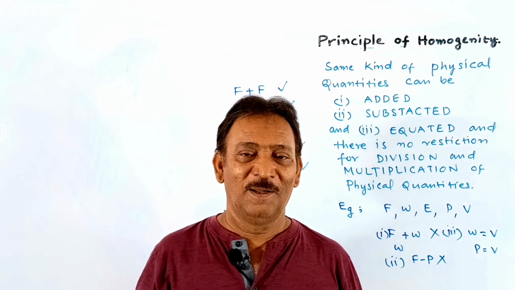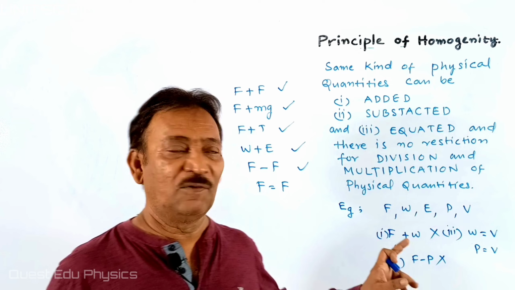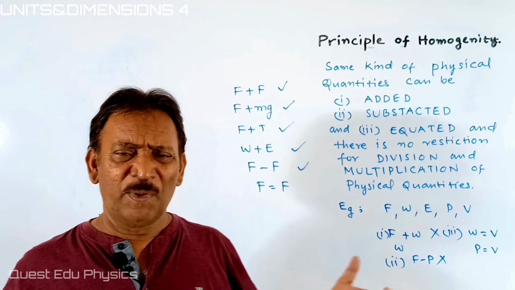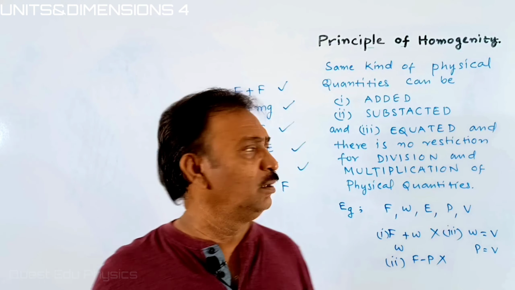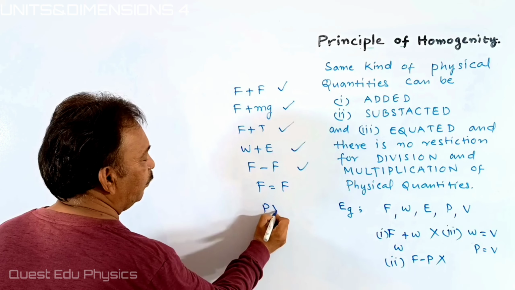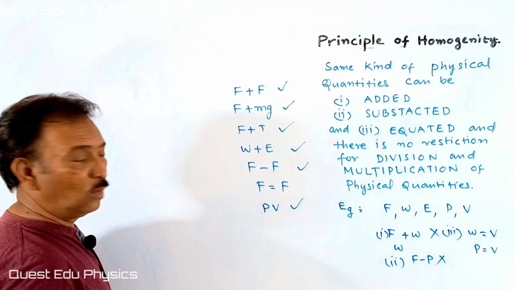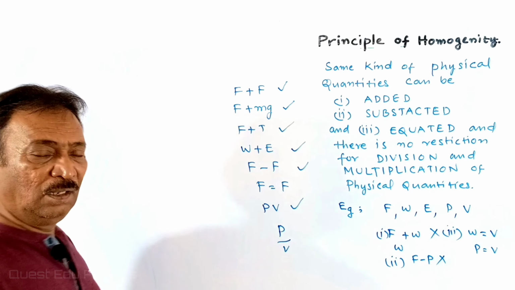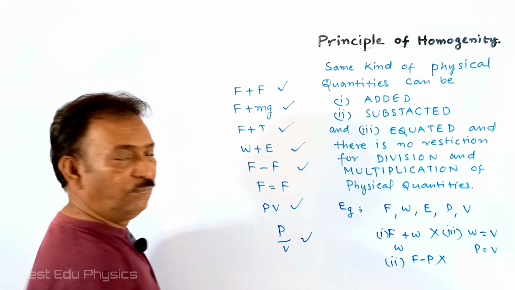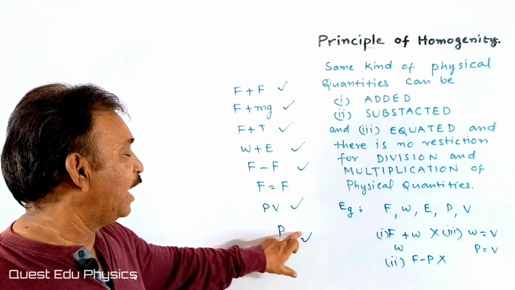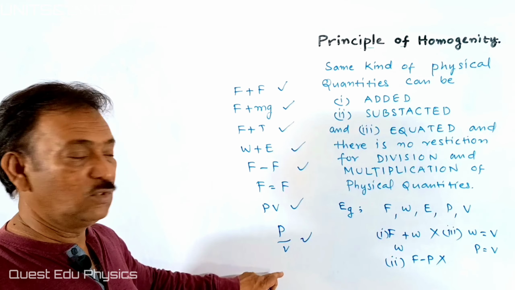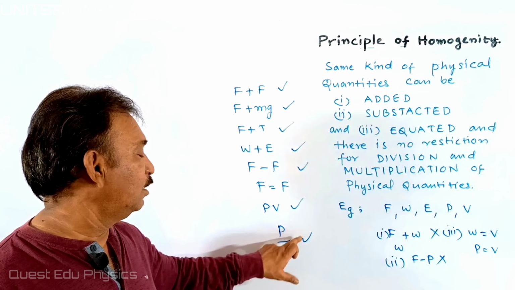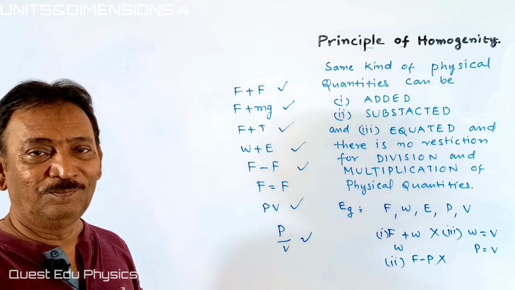But there is no restriction of division or multiplication of the physical quantities. Pressure can be multiplied with the volume. It's right. Pressure can be divided with velocity. It's okay. But pressure cannot be added with the volume. Pressure cannot be subtracted from the volume. And pressure cannot be equated with the volume. Okay, students.